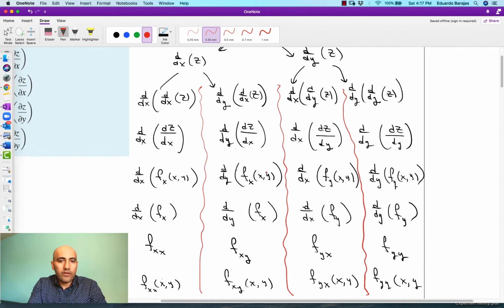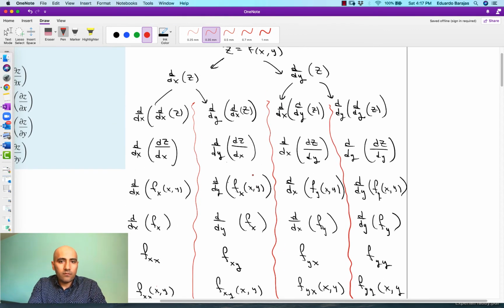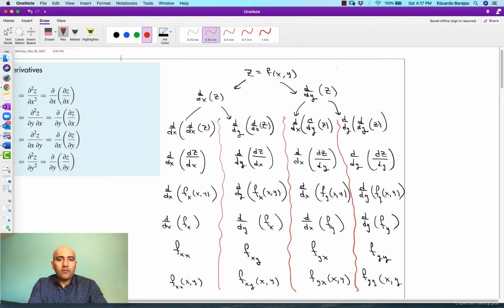Let me zoom out a little bit more now. So we start with some function here, which is written in 2 independent variables, x and y. We take a derivative with respect to x, and so that leads us to some function, with x's and y's in there, potentially, but this is a derivative with respect to x.